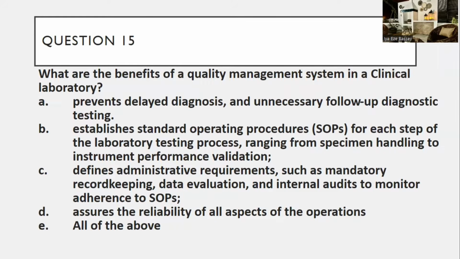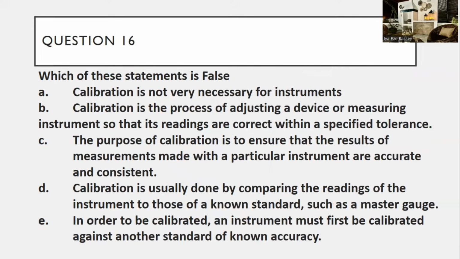C, it defines administrative requirements such as mandatory record keeping, data evaluation, internal audits to monitor adherence to SOPs, and assures the reliability of all aspects of operation. The answer is all of the above, because these are the things you gain when you have quality management system.